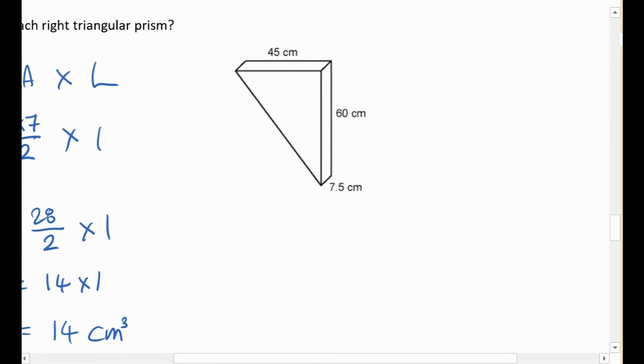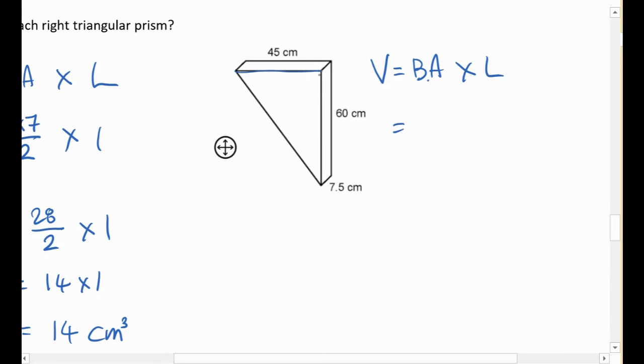Alright, next. Again, we're going to find the base area times the height. Okay? So the volume is the base area times the length here. So let's find the base area.